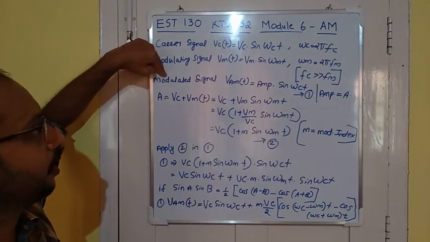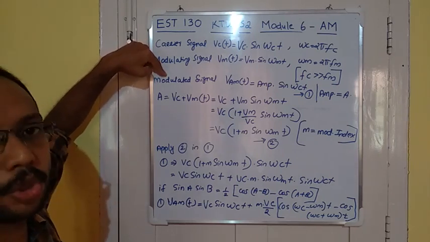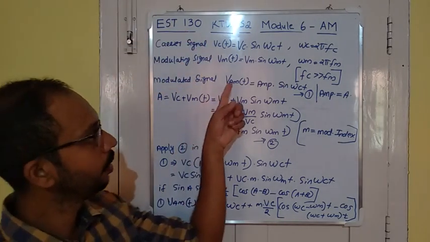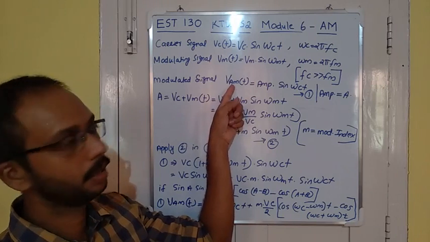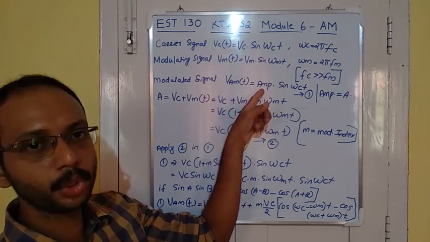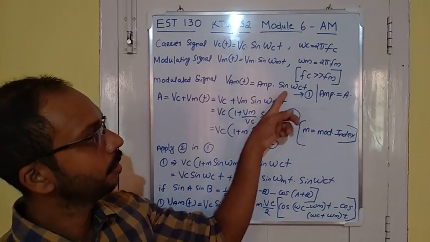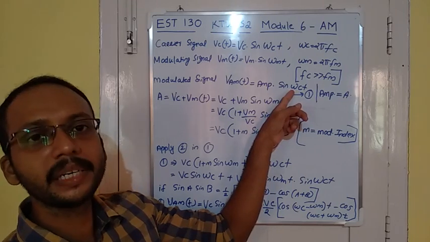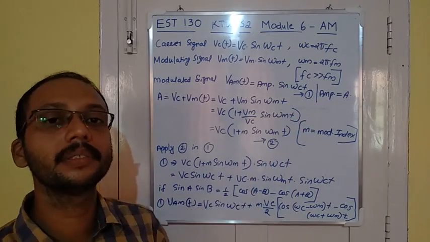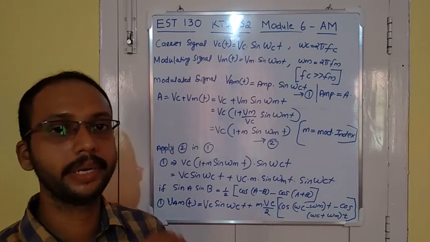So this is the output, or the instantaneous amplitude, of the modulated signal. So that is the AM signal: Vam of t is equal to some amplitude into sin omega ct. Why sin omega ct? Because the property of a carrier wave is changing with respect to the amplitude of the modulating signal.